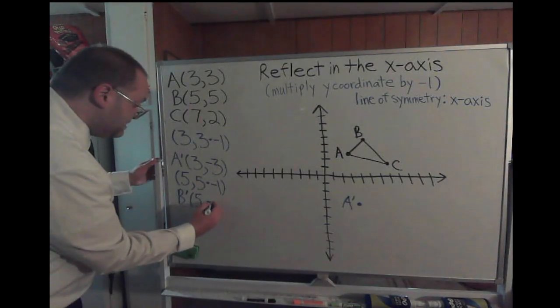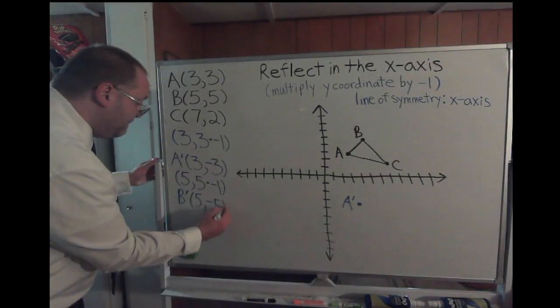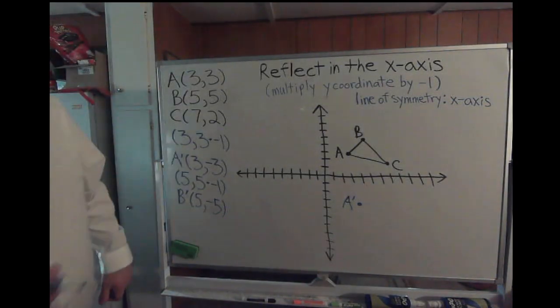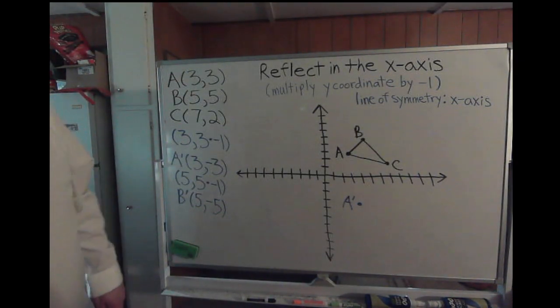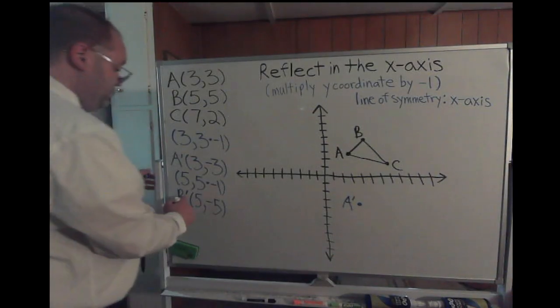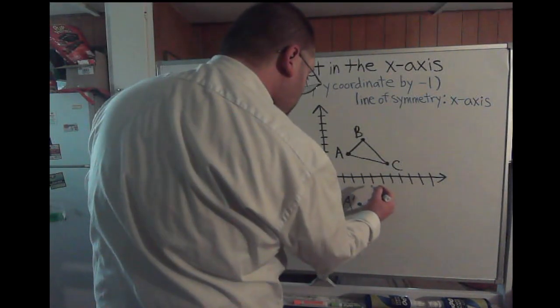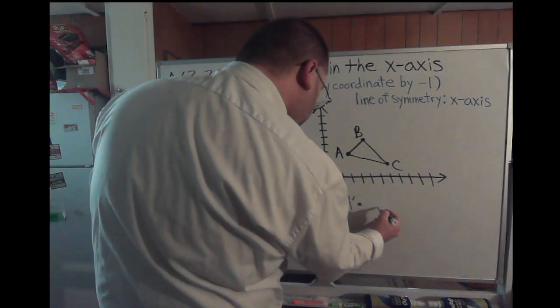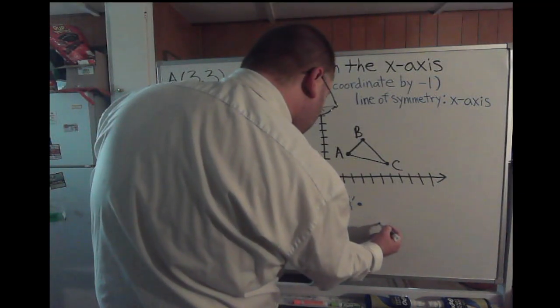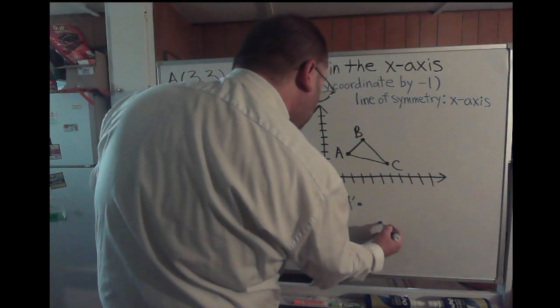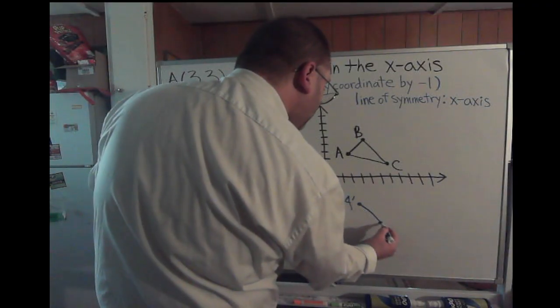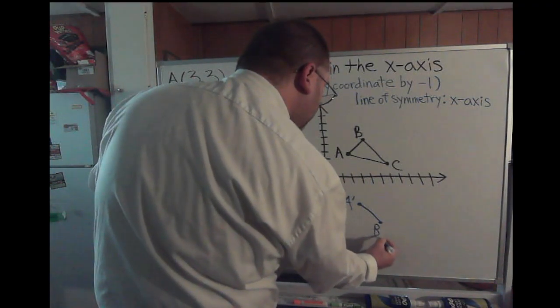Well, guess what? That's going to be -5. So B prime is 5, -5. That's 3, 4, 5. That's going to be B prime.